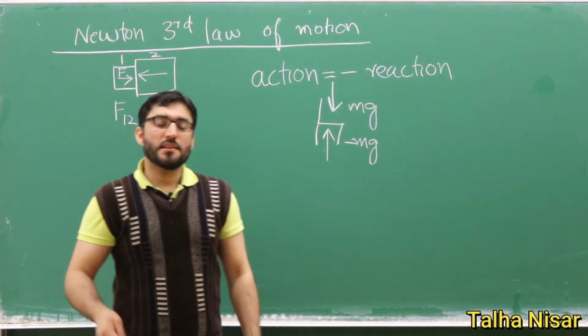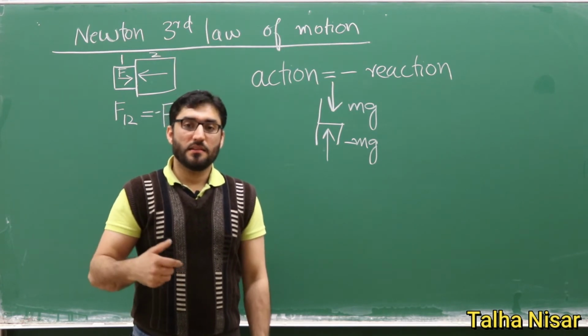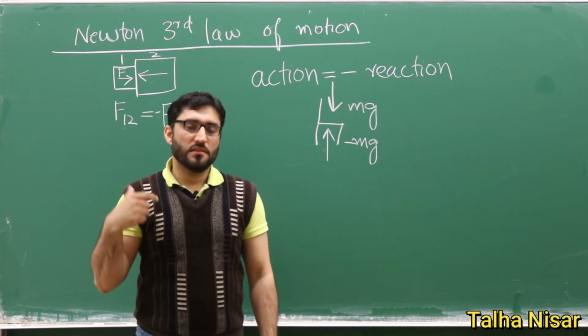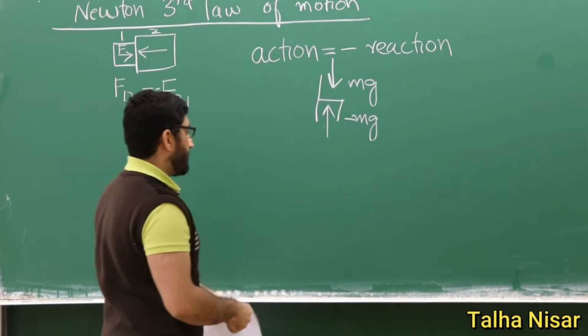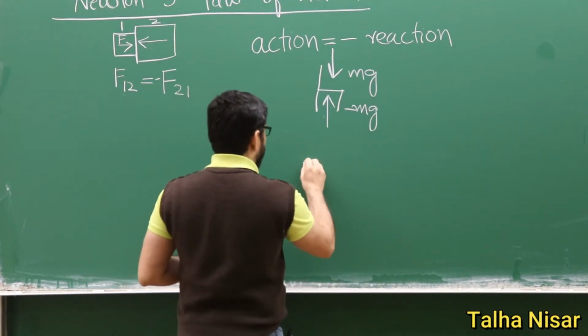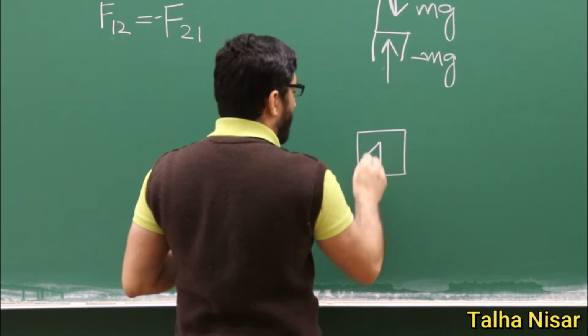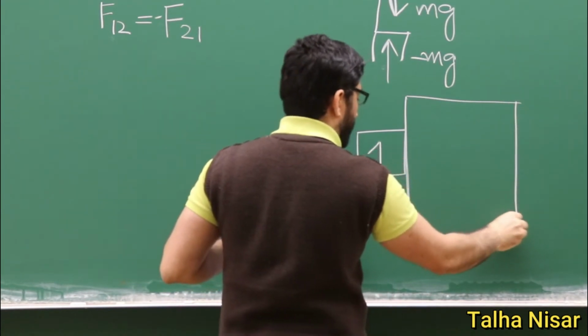So now we will discuss an example to understand what we just discussed, Newton's second law and third law. We have a system, so this is object number 1 and this is object number 2.